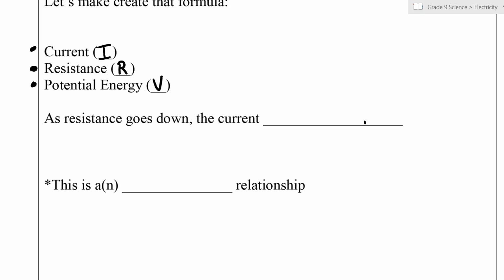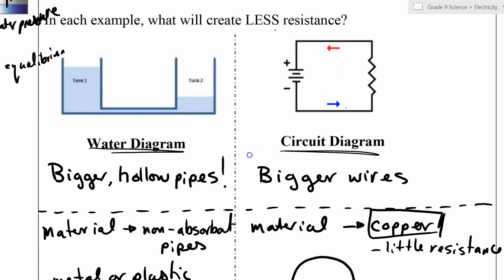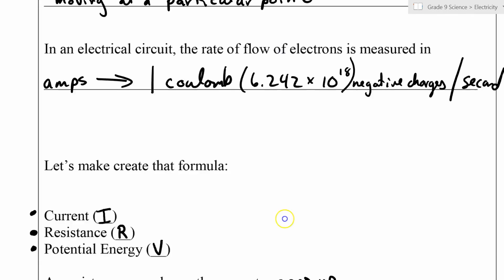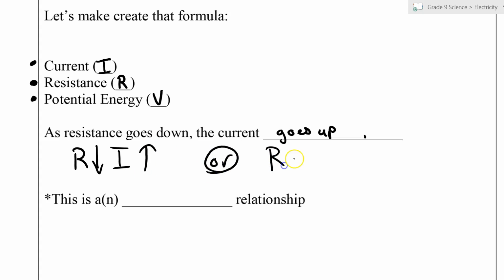So as resistance goes down, the current goes up. So when we think about our first one, all the way up here, we said as the resistance goes down, as the pipes are bigger, it's easier for the water to flow. So as resistance goes down, the current goes up, or we can say as the resistance goes up, the current goes down.